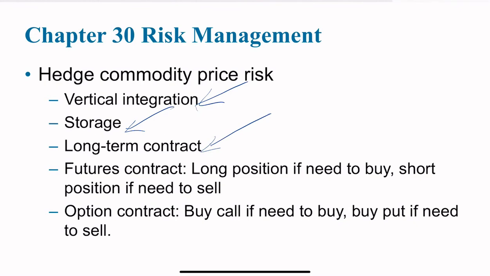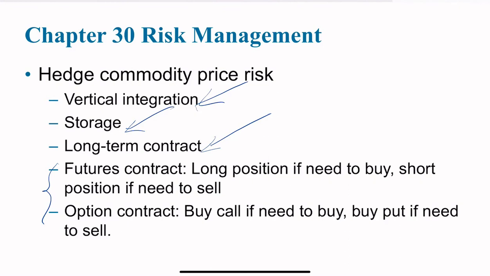And then we have long-term contract. That is, you could sign a contract with your supplier and fix your price at a certain level. And then we discussed futures contract and options contract. So the idea here is if you have to buy something in the future, then you should take a long position in the future, because a long position commits you to buy something in the future at a fixed price, right?